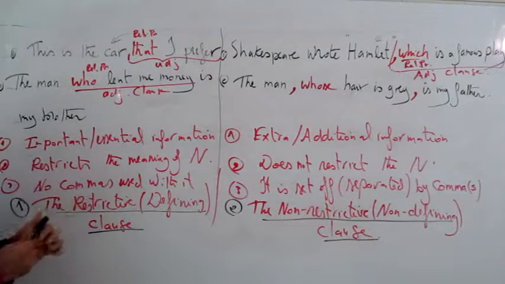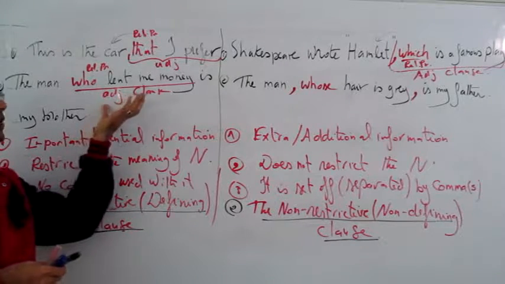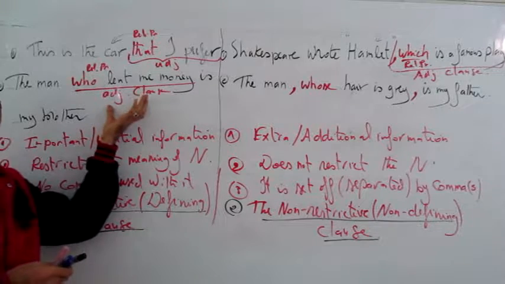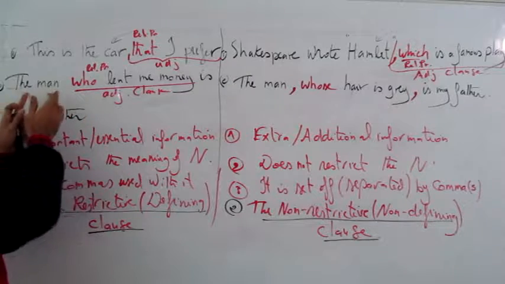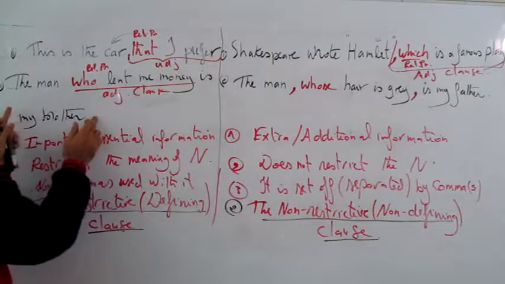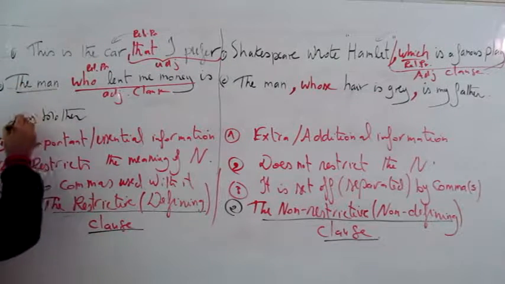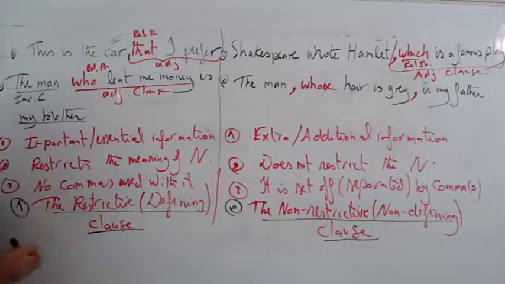It means the adjective clause can also be placed in English in the middle of the sentence. Alright. And the clause is divided into two parts: some of the words are before it and others are after it, like here. So here I have the man is my brother. This one is my independent clause.